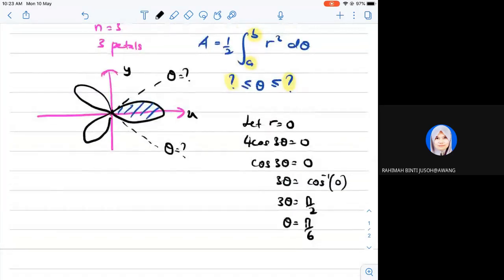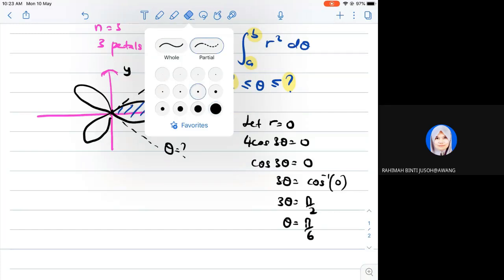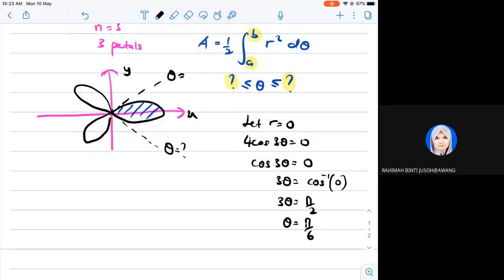Okay guys, so now here we have theta equals pi over 6. We know that this graph is symmetric about the x-axis, which means that the region in the upper part is the same as the region in the lower part.